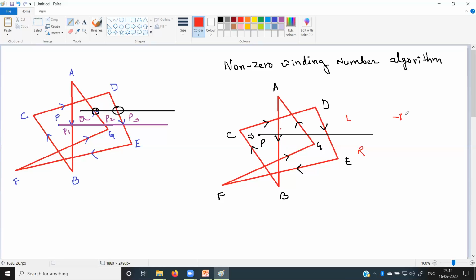In that case, we consider the value of the intersection point is -1. So this -1 is called the winding number.